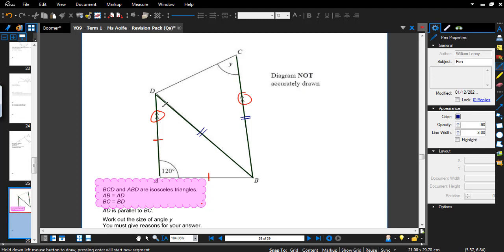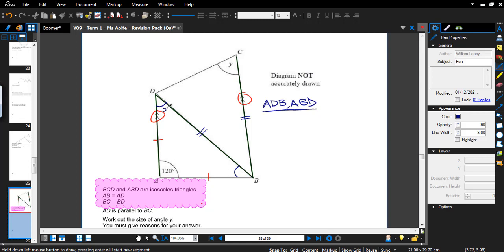Anyway, this is isosceles. So what's that? That angle is going to equal that angle. Ready? So I'm going to call this angle ADB and angle ABD. Right, so let's do these angles first. We know 180 degrees.